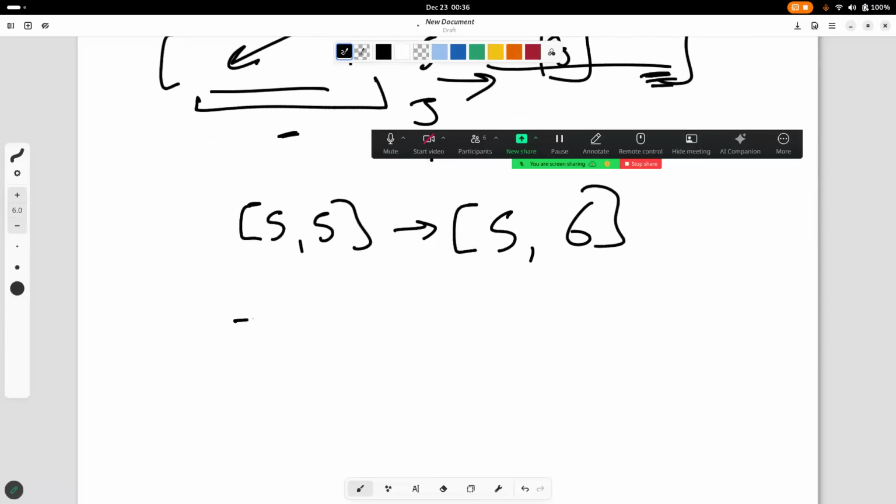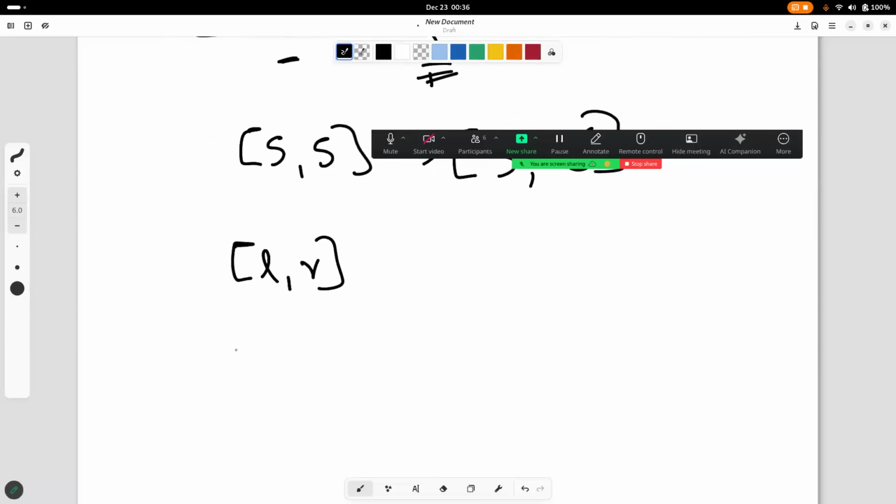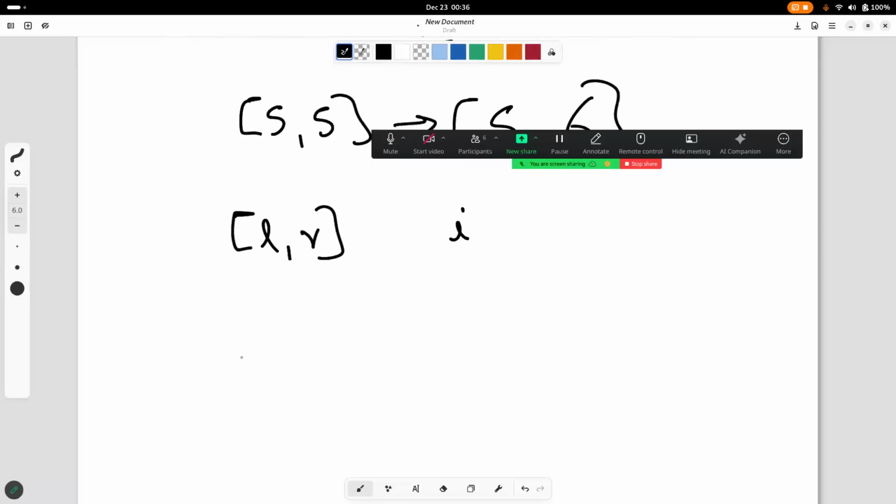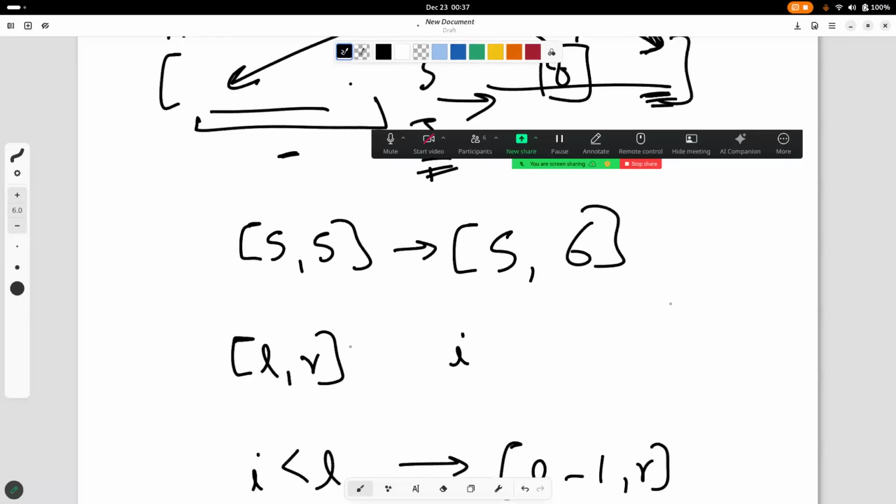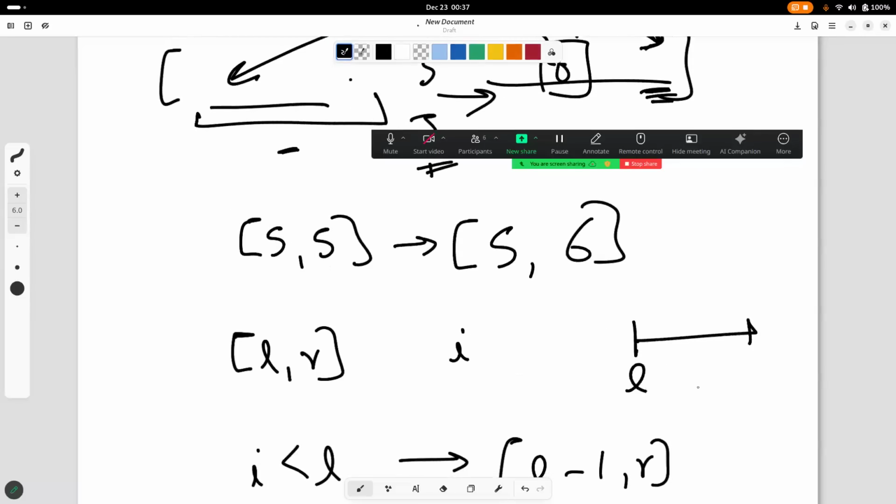Basically what we are saying over here is, if your joker lies in L to R and you're operating on say index I, if I is strictly less than L, then your range L to R would get converted to L minus 1 to R. Your joker can lie in range L to R and you are removing this element I, so this whole L thing will shift to the right.